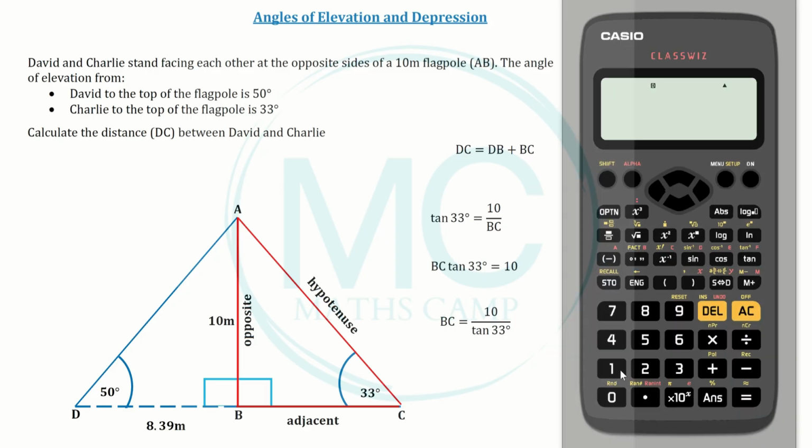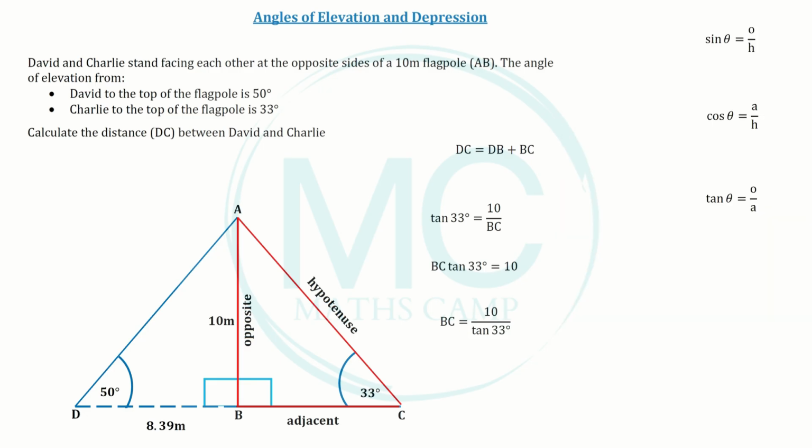Let's take our calculator, and we say 10 divided by tan 33 degrees, close the bracket, is equal to 15,398. Let's round off to 2 decimal places, and we see that BC is equal to 15,4.